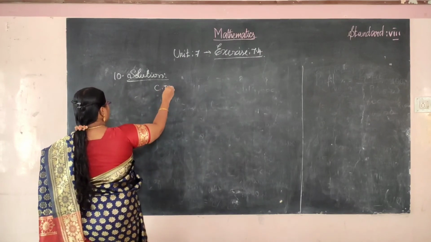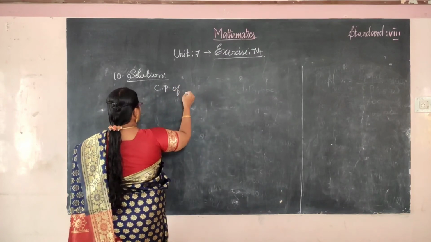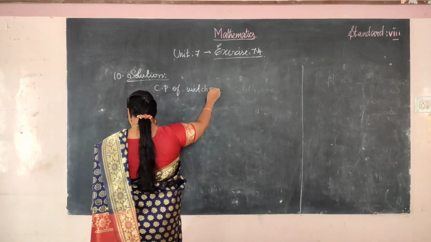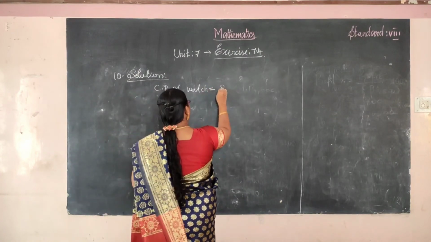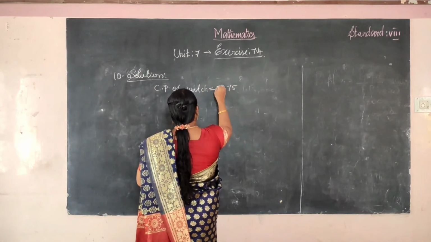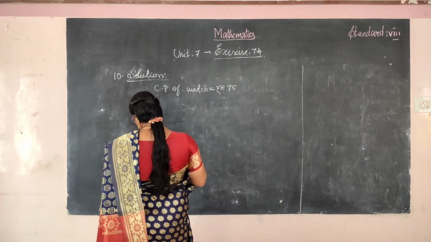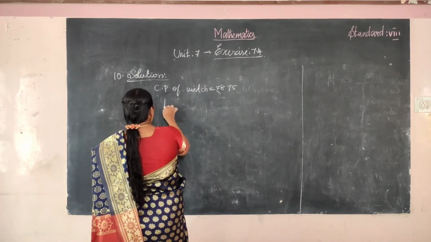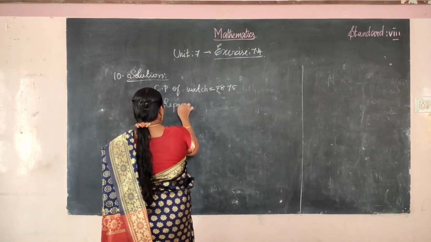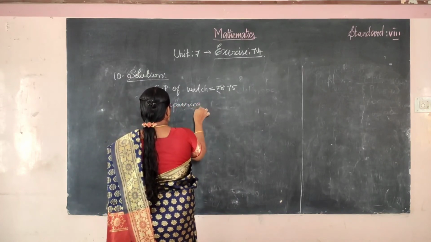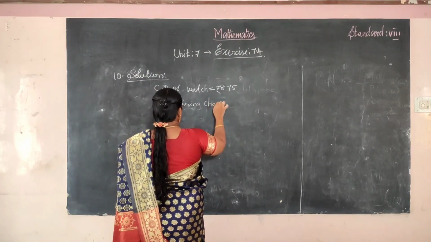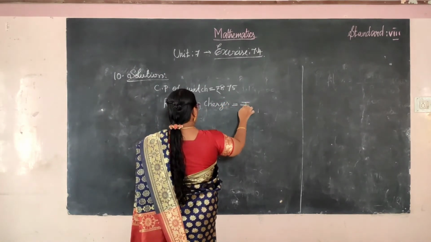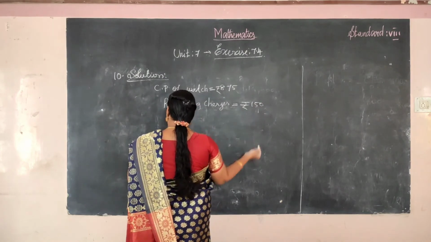What data are given? Cost price of the watch is equal to rupees 875. Second one, repairing charges is equal to rupees 150.